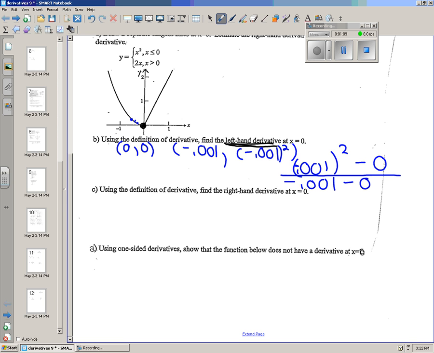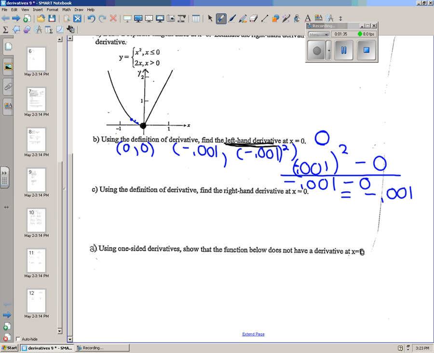And when we simplify this, we end up with negative 0.001, which obviously is very close to 0. And you could try this yourself and plug in a couple x values closer to 0, and you'll see that as x gets closer to 0 from the left, the slopes that we calculate are going to get closer and closer to 0. So we'd say that the left-hand slope is 0.